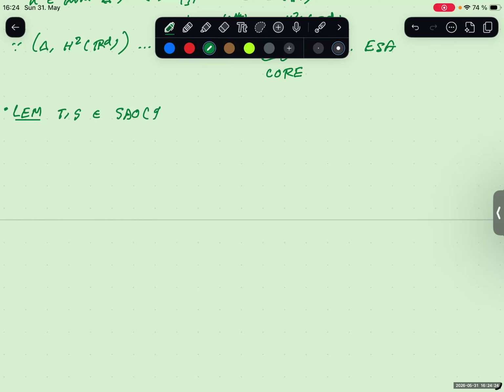And S is a bounded operator on the Hilbert space.